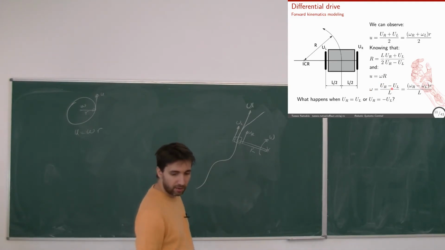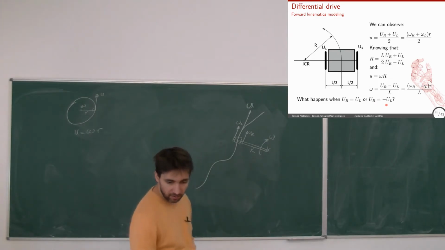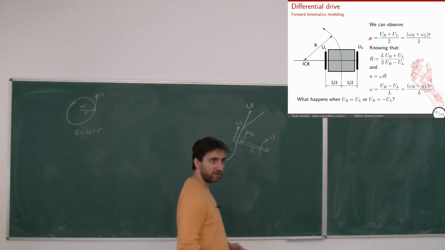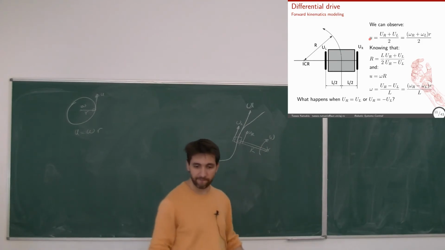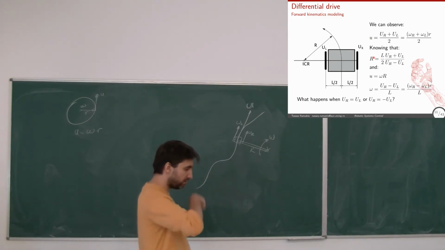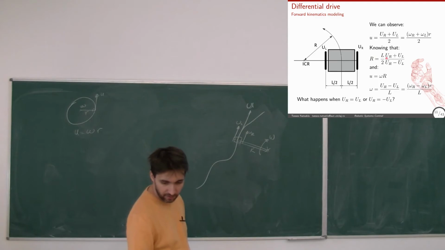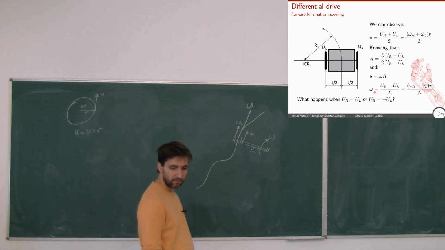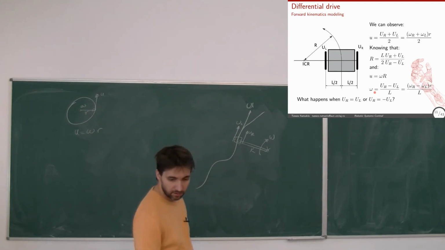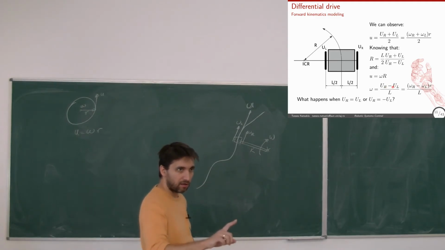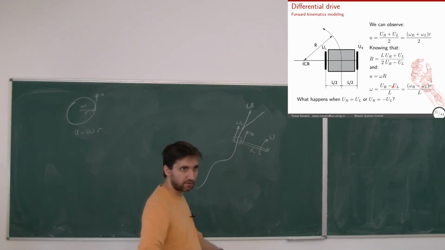Right? What happens when they have negative opposite values? We saw that the linear velocity will become 0, so it will just spin. The center of rotation will be 0. And the angular velocity will be this minus this, but this is minus, so it will be 2 times the linear velocity over the length.